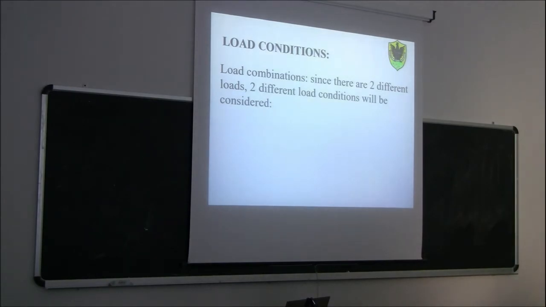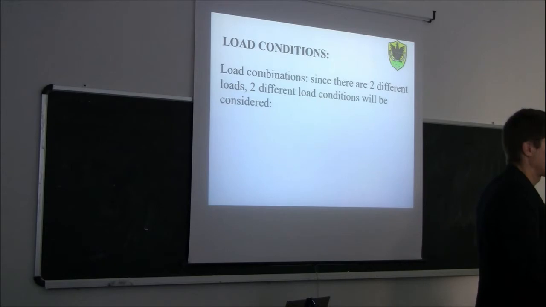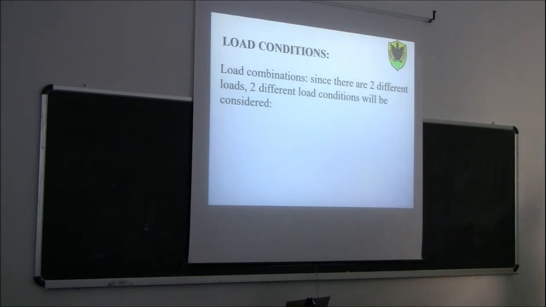What would this load condition be for, let's say, the ultimate limit state? With both of the loads, it would be gamma G times GK plus gamma Q times QK. And that's it. Okay, no other problems.